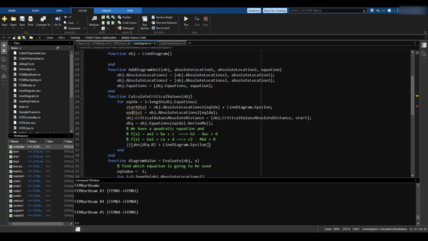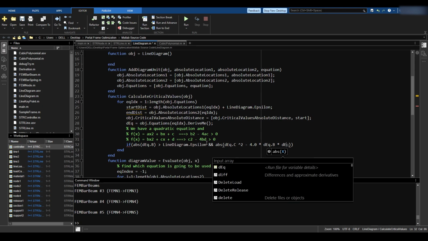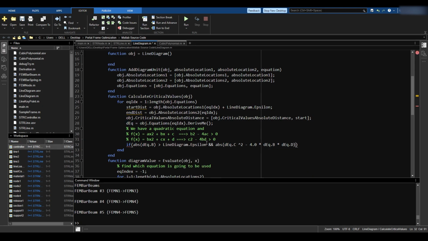So here I will get another check, and I will make sure that the absolute value of the derivative of the equation, c squared minus 4 multiplied by derivative equation dot b multiplied by derivative equation dot d, this entire thing must be more than 0, or in our case, more than line diagram dot epsilon.